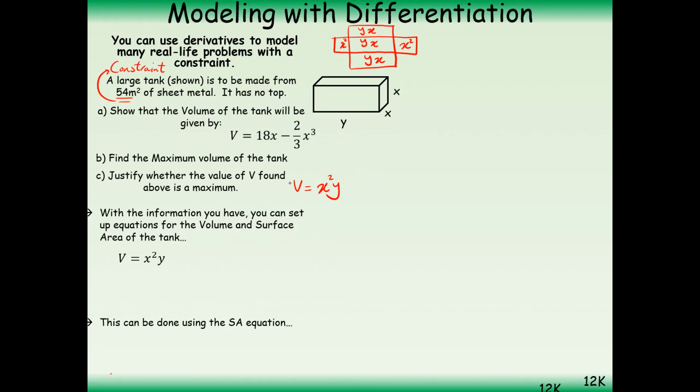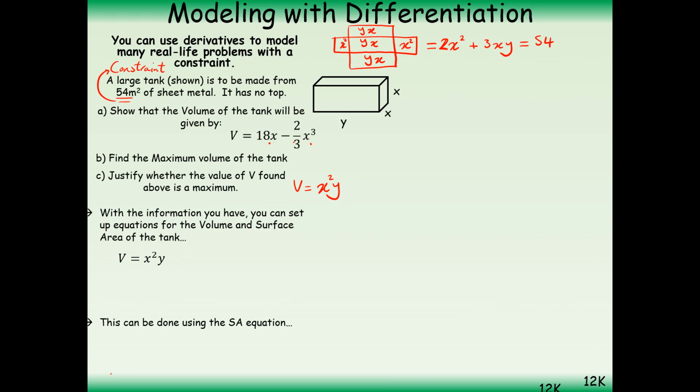So we said the constraint is in terms of two variables, and we were told that this area equals 54. So algebraically, it's 2x squared plus 3 lots of xy. Now this area must equal 54. Therefore, we look at our question, and it's saying to show that the volume can be written in terms of x, so they've eliminated y.